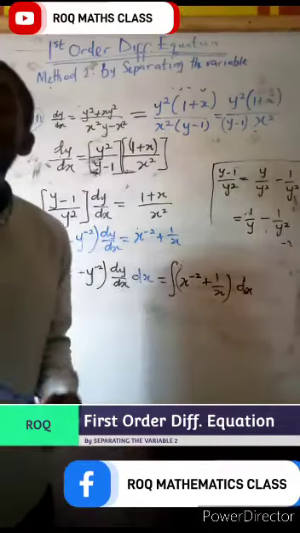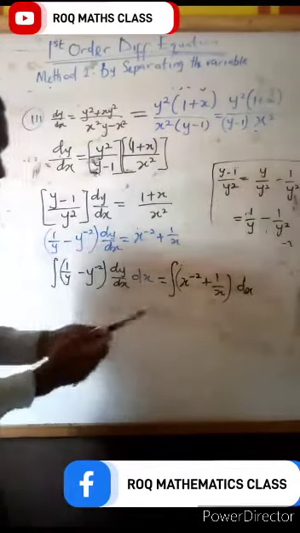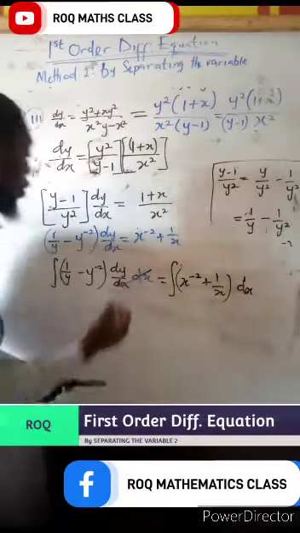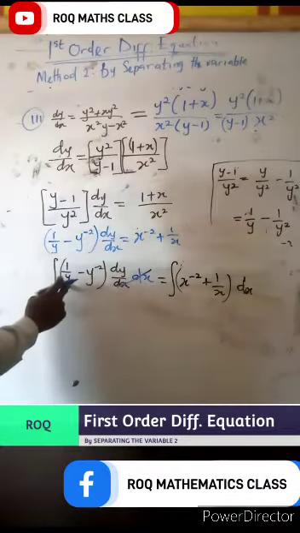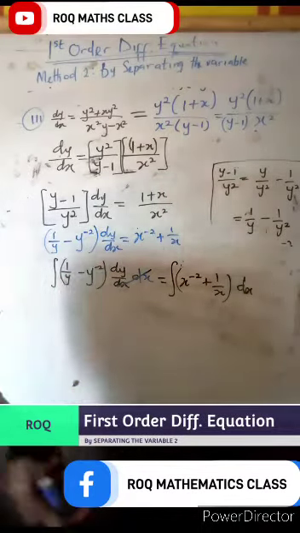Since I'm integrating with respect to x, the dx cancels this. What I have is the integral of 1 over y minus y raised to the power of negative 2 dy.